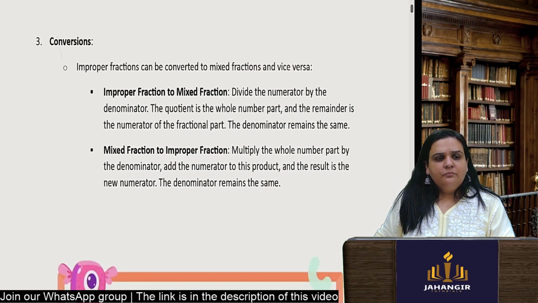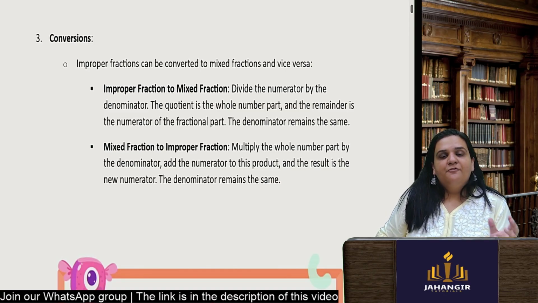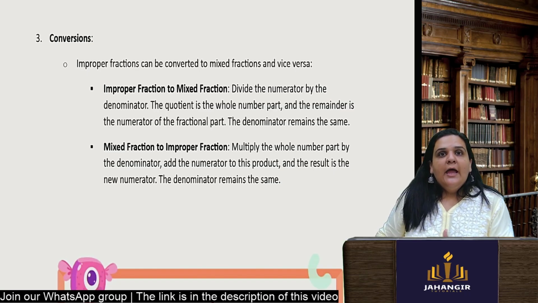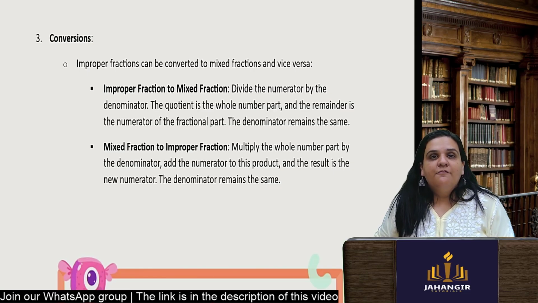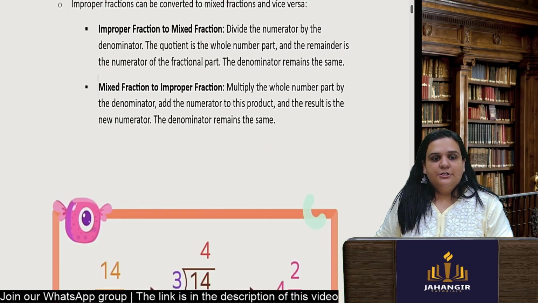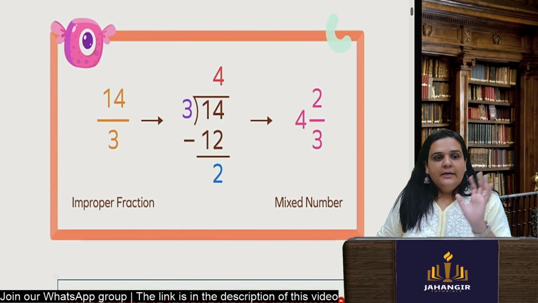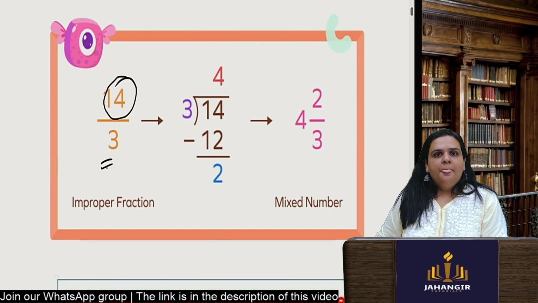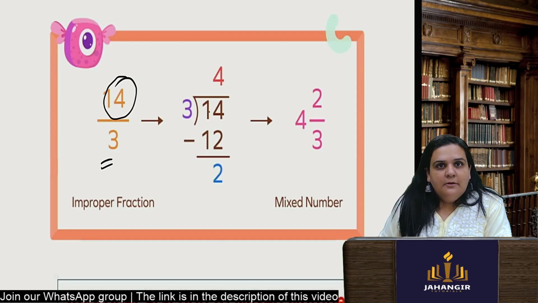Now how to convert an improper fraction to a mixed fraction, and a mixed fraction to an improper fraction? Say this is an improper fraction, 14 by 3, where the numerator is of a higher value than the denominator. I will divide 14 by 3. 3 4s are 12.